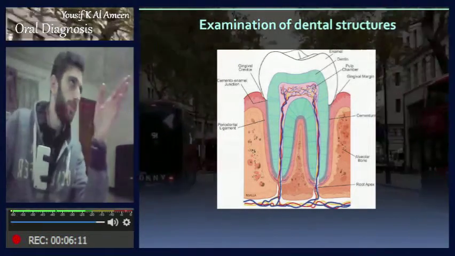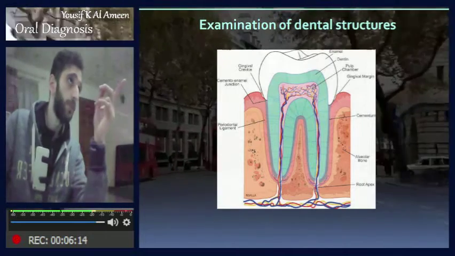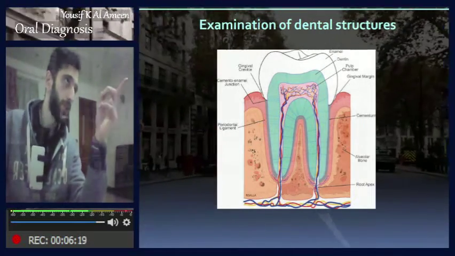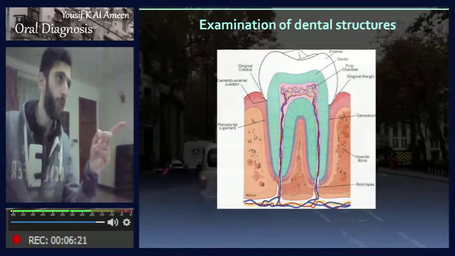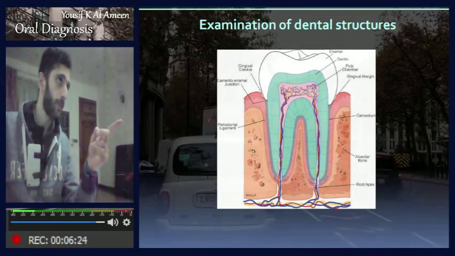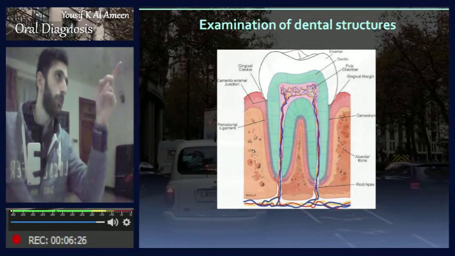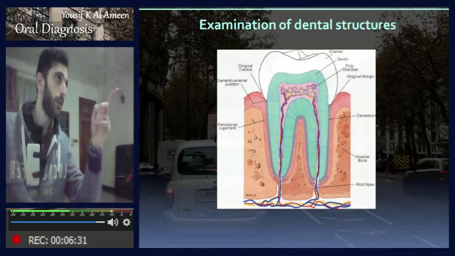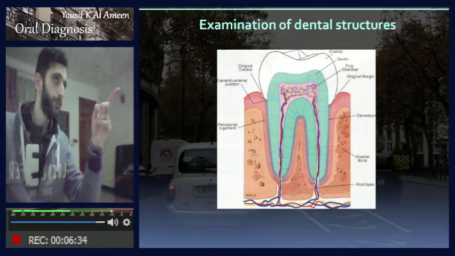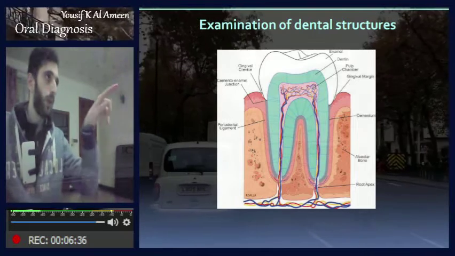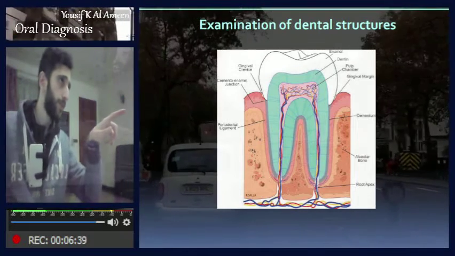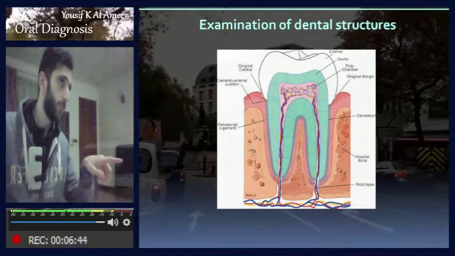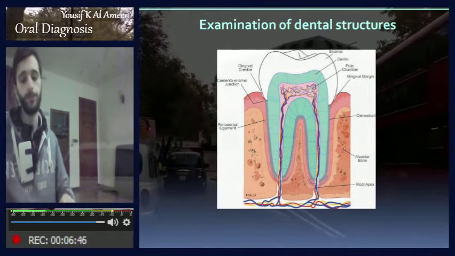We have the gingival crevice, the cemento-enamel junction, periodontal ligaments, enamel, dentine, pulp chamber, gingival margin, cementum, alveolar bone, and root apex.